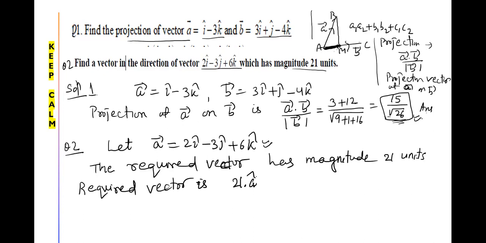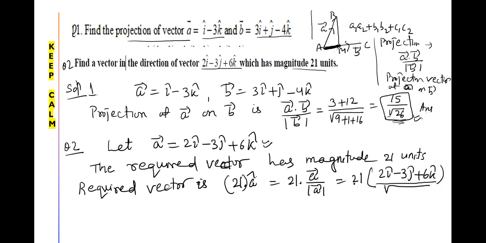A cap, this unit vector, gives you the direction of the vector which is along the given vector, and 21 is the magnitude. So 21 into A cap means A vector by magnitude of A. You can take 21 into A vector, which is 2i minus 3j plus 6k. And what is the magnitude of the vector? You can take under root 4 plus 9 plus 36.